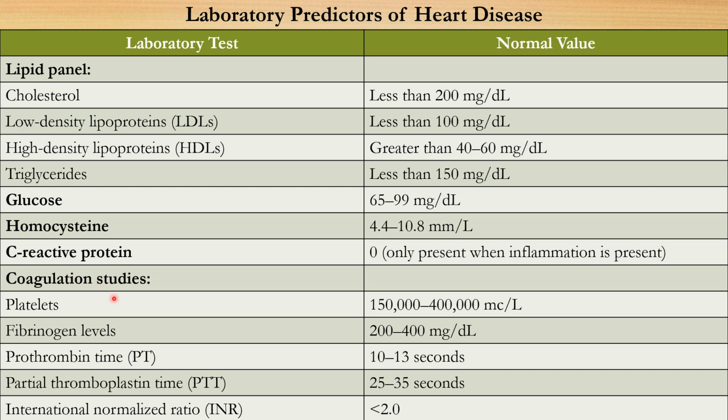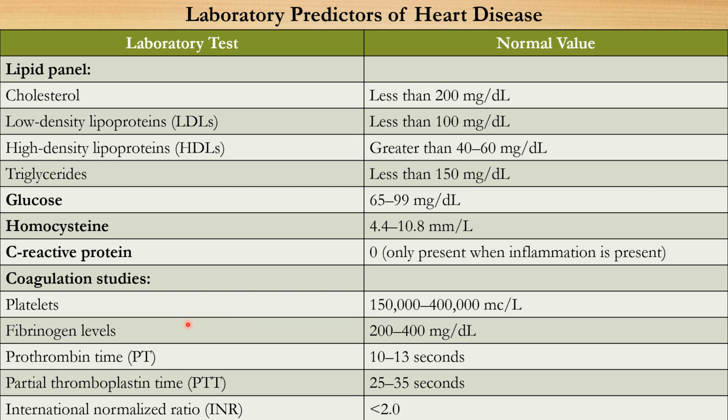Coagulation studies include platelets, fibrinogen levels, prothrombin time, partial thromboplastin time, and international normalized ratio or INR. The platelets should be within 150,000 to 400,000 per microliter.